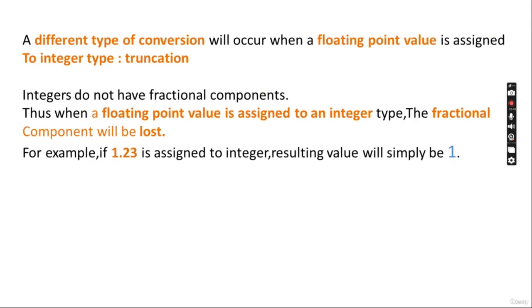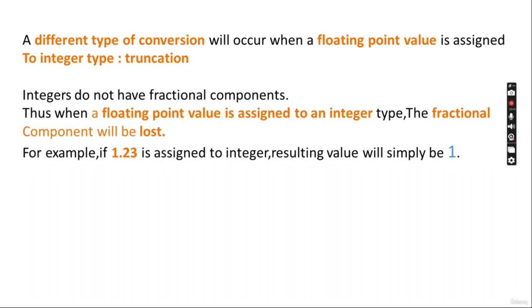A different type of conversion will occur when a floating point value is assigned to an integer type. That is called truncation. Truncation means whatever is written after the floating point will be automatically deleted. It will not be saved while it is stored in the integer value. Integers do not have fractional components.